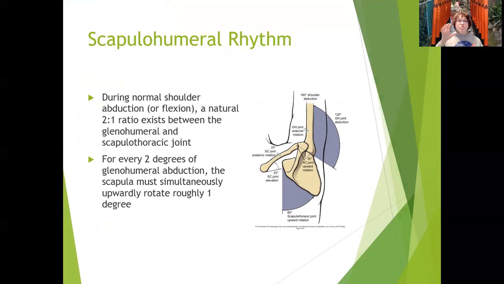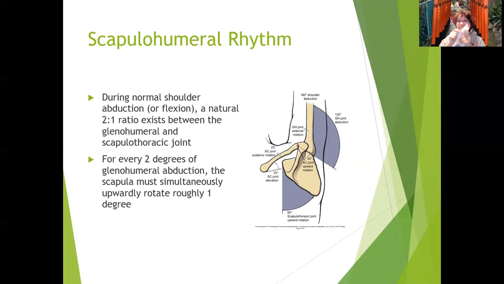So during normal shoulder elevation, so abduction or flexion, a natural 2-to-1 ratio exists between the glenohumeral and the scapulothoracic joint, meaning for every 2 degrees of glenohumeral abduction or flexion, the scapula has to simultaneously upwardly rotate approximately 1 degree. So when you get 180 degrees of shoulder flexion, about 120 of it comes from the glenohumeral joint, and about 60 degrees come from the upward rotation of the scapula.